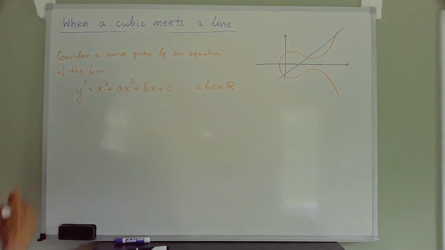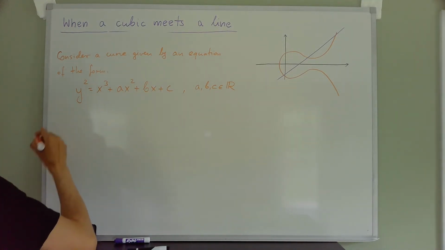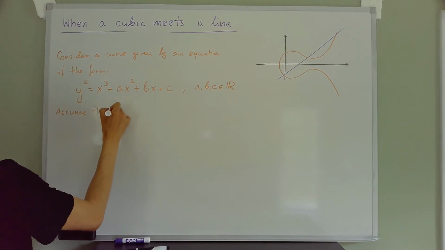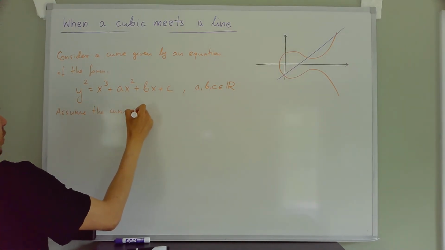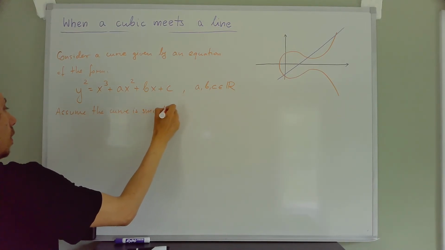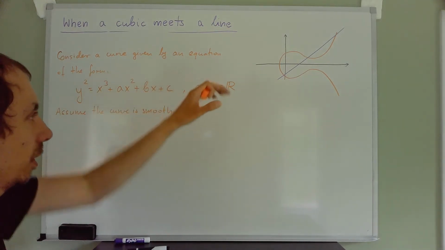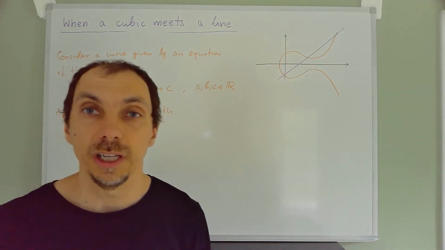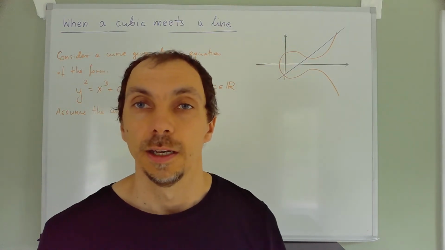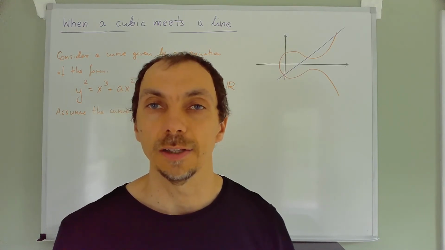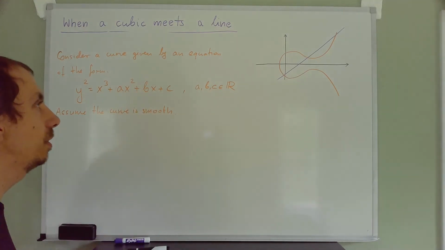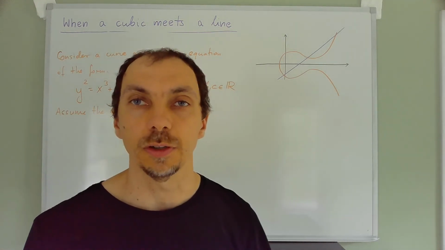In fact, I'm going to insist that we assume the curve is smooth. If you look at a curve like this, you get more or less a graph like that. You'll see in the various links that I give you in the Google Classroom how by modifying these A, B, and C you can get different shapes of this graph.